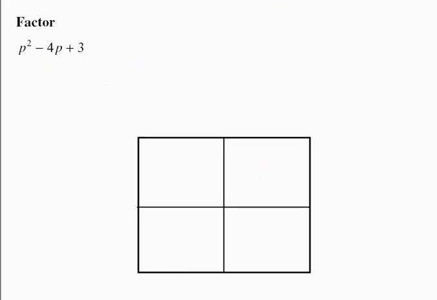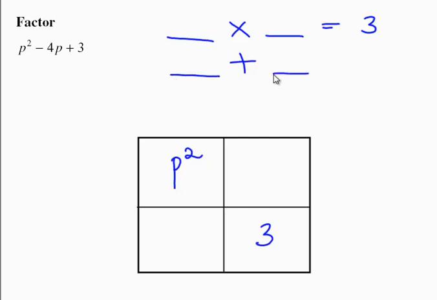And here is our last example. We're going to fill out our box. My two coefficients on this diagonal have to multiply to 3. So the two numbers I'm going to look for over here also have to multiply to positive 3, and when I add them together, the two terms have to combine and give me negative 4. So negative 1 and negative 3 are going to work for us.